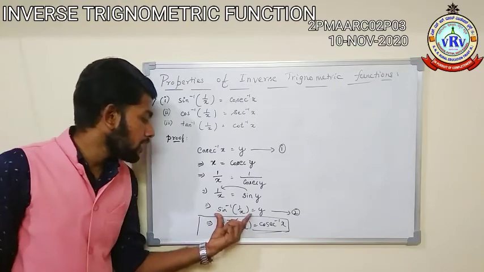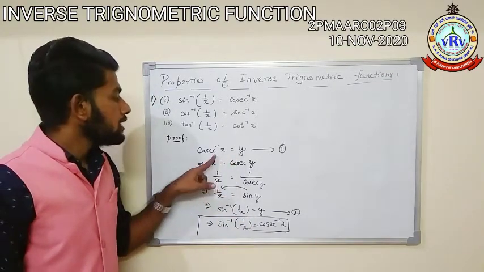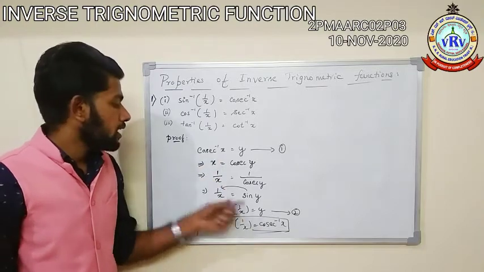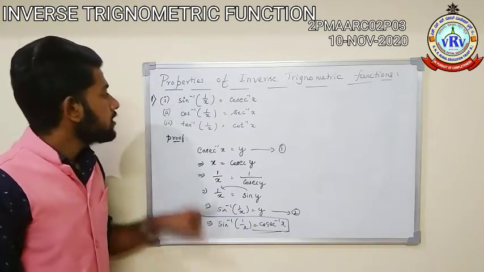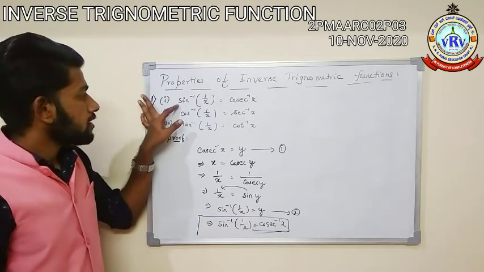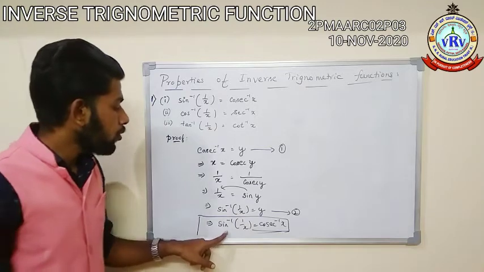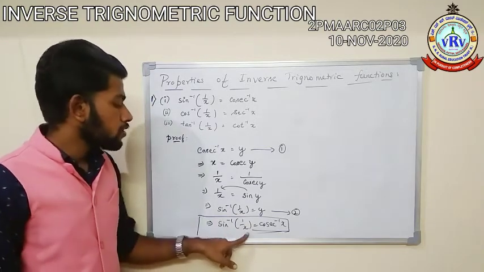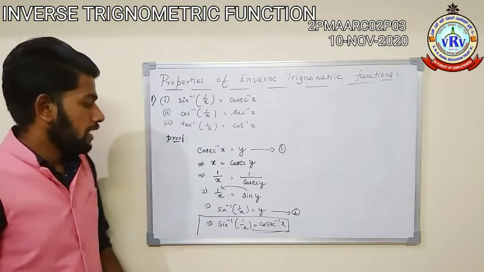So sine inverse of 1 by x is equal to y. From the equation 1, y is nothing but the cosecant inverse of x. I am substituting this y as cosecant inverse of x. That is our required equation. Right? Therefore, sine inverse of 1 by x is equal to cosecant inverse of x.